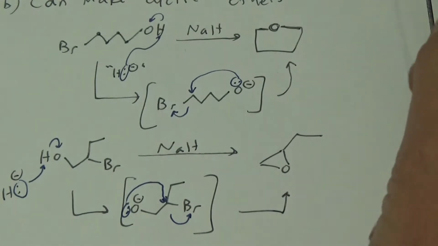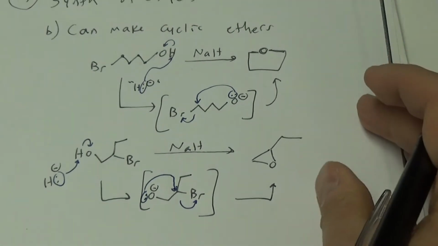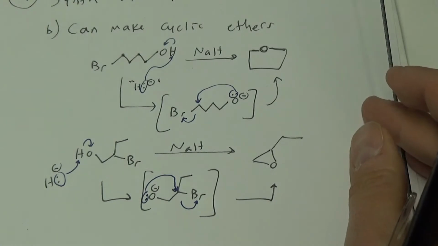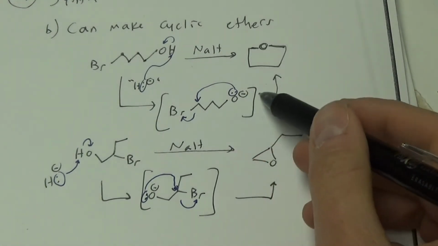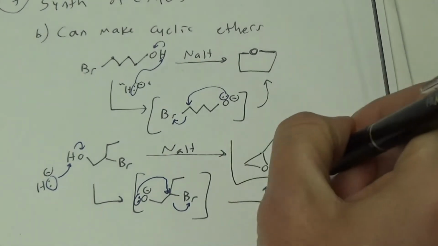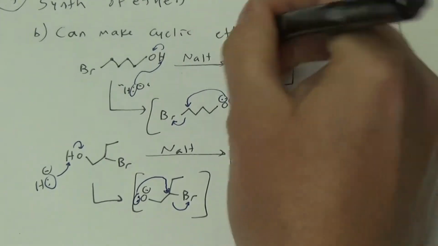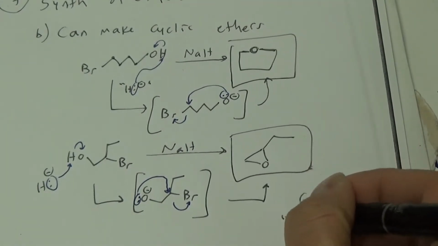So the normal types of SN2 reactions we've seen are all called intermolecular SN2. These are SN2 that are within the same molecule, so these are called intramolecular.